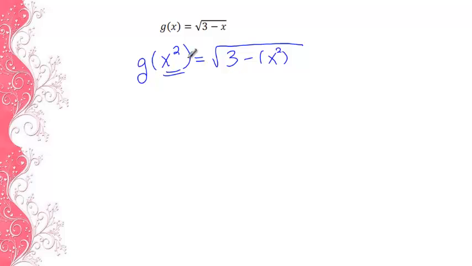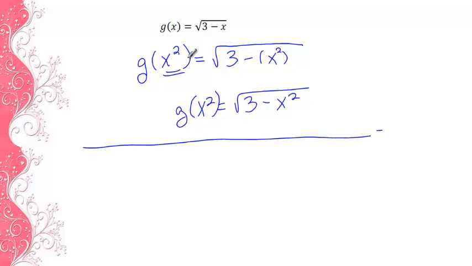Whatever's inside here goes in place of the x in the original function. So g of x squared is just going to be the square root of 3 minus x squared. And you can't simplify that. You can't split up a subtraction inside a square root. So you're done. There's nothing more you can do on that problem.